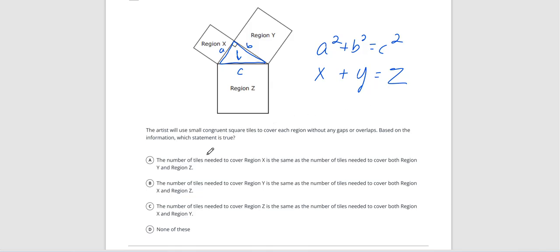So the number of tiles needed to cover region X is the same as the number needed to cover both Y and Z. So I think that's wrong. It should be, if it's worded all the same, we should have Z right here. Z is the same as the number of tiles needed to cover both regions of X and Y. Z is equal to both X and Y. I think that matches up. C is my answer.